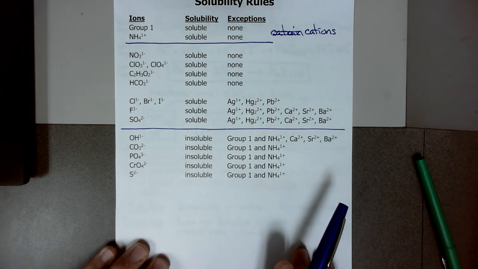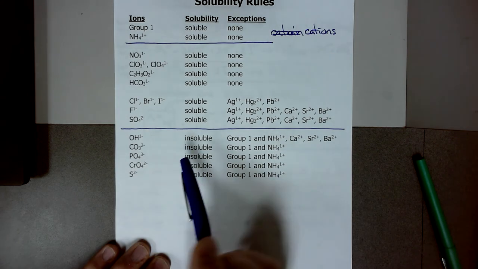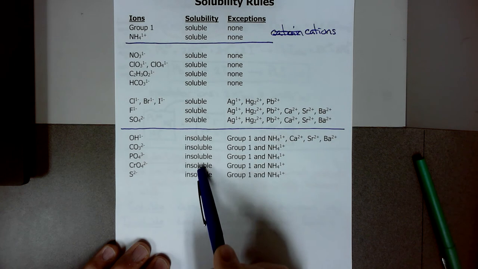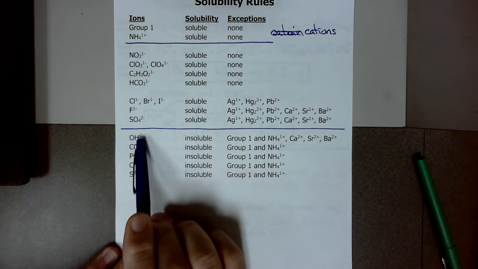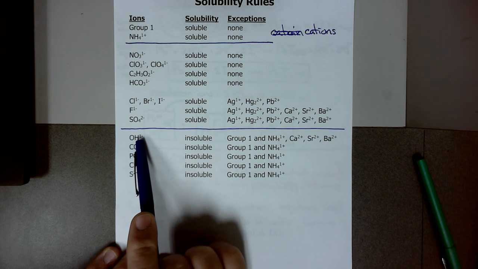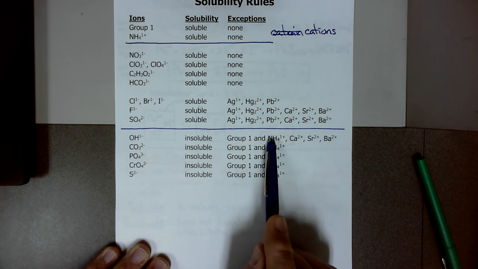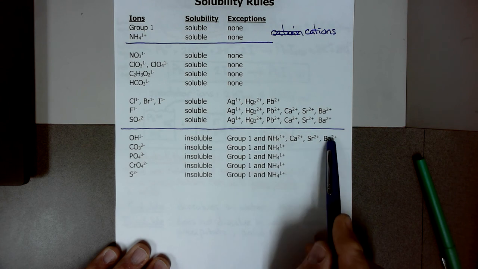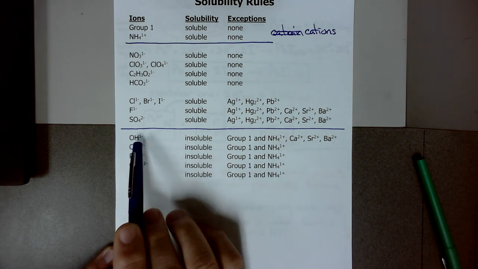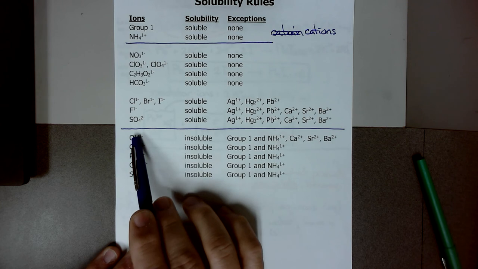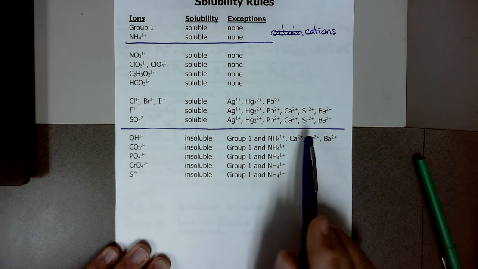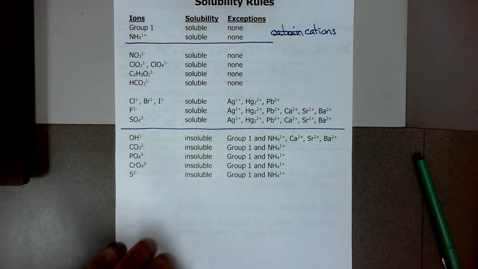And then we have these anions, and these are all insoluble. So all hydroxides are insoluble unless it's group 1, ammonium, or calcium, strontium, barium. In other words, something like calcium hydroxide would be soluble, or strontium hydroxide will be soluble.